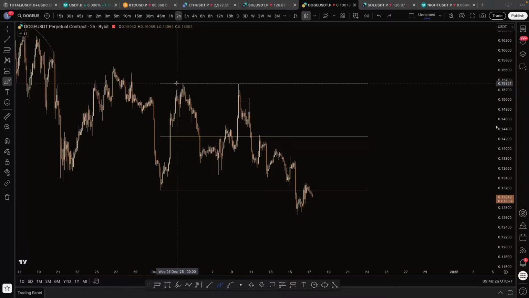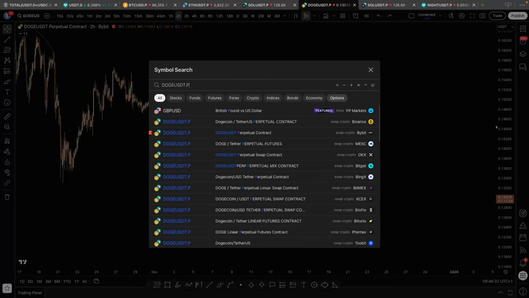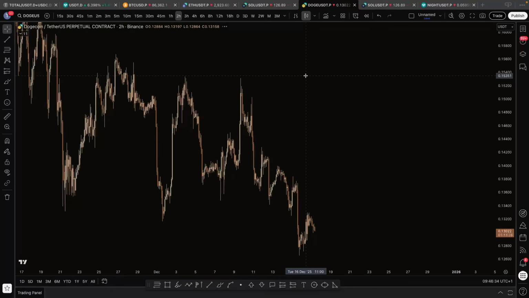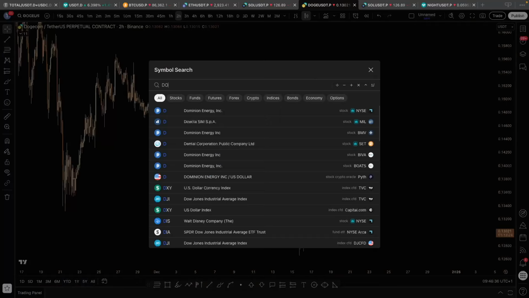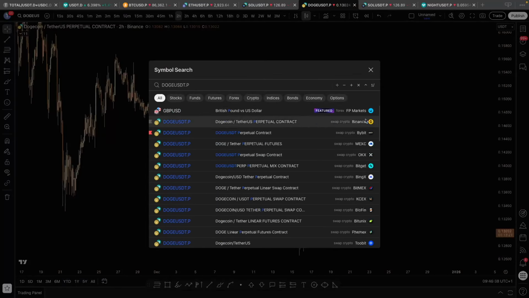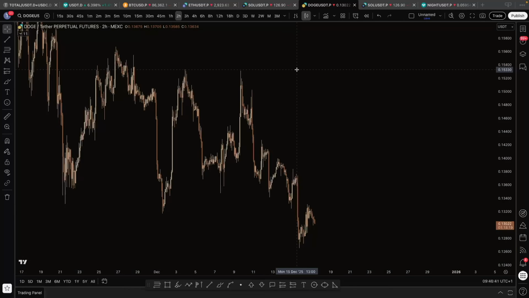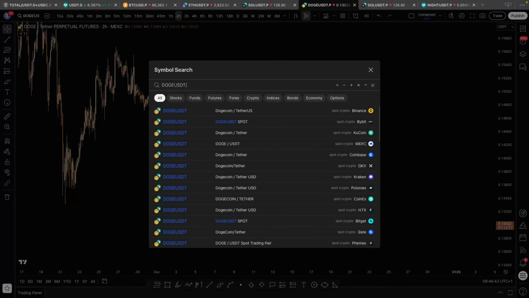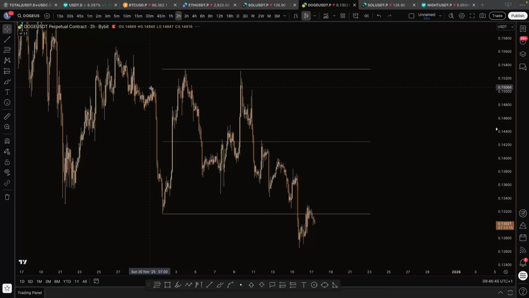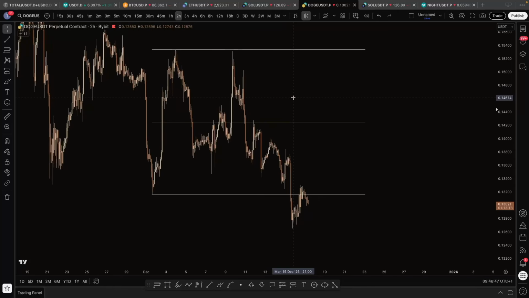This is a huge magnet for price. You have a high there, you have a high there, equal highs, massive magnet. If I watch it on the Binance chart, it's not taken out as well. And on Maxi then also not taken out. So that's very good. Those equal highs are a massive magnet for price to go to.